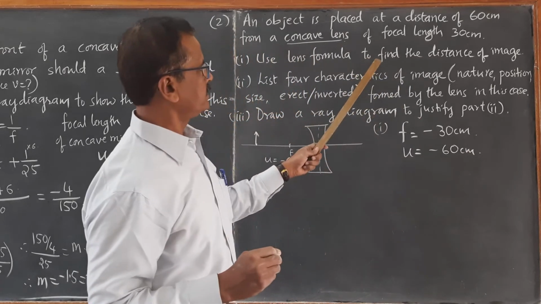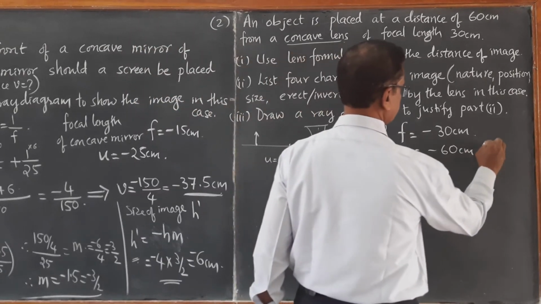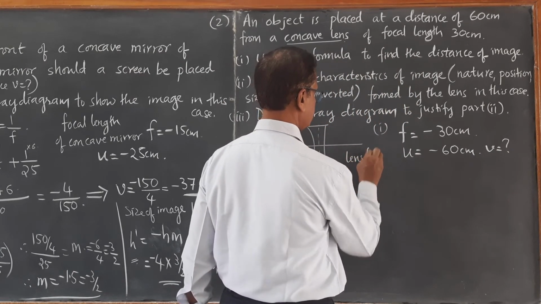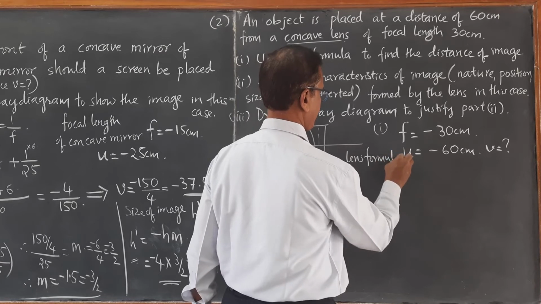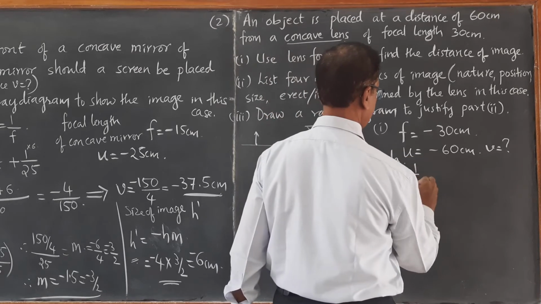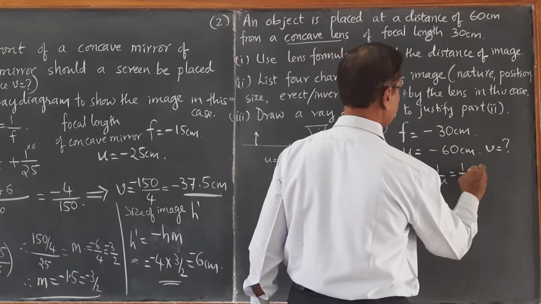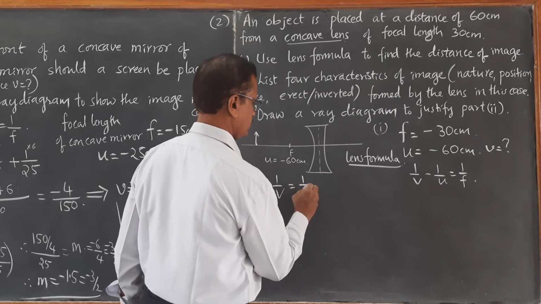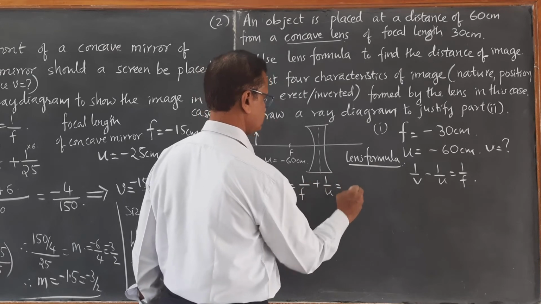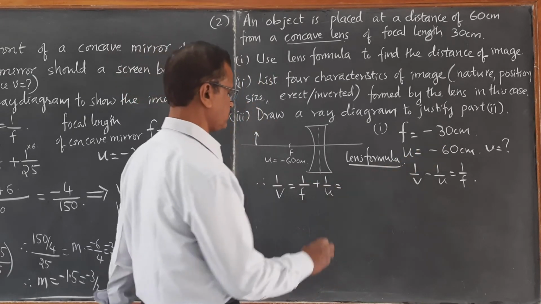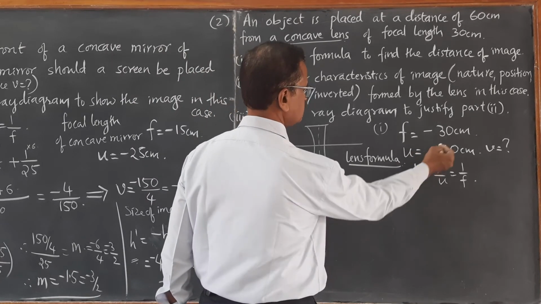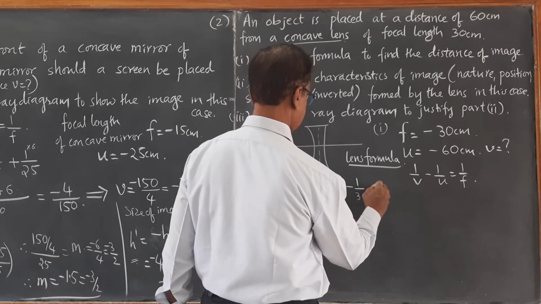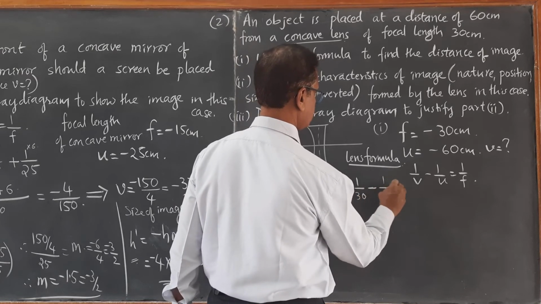So you are asked to find the distance of the image. V equal to what? Using the lens formula, we have 1 by V minus 1 by U equal to 1 by F. Therefore, 1 by V equal to 1 by F plus 1 by U. Using these sign conventions, substitute these values. Minus 1 by 30 minus 1 by 60.